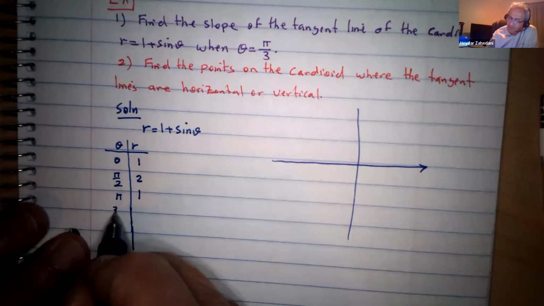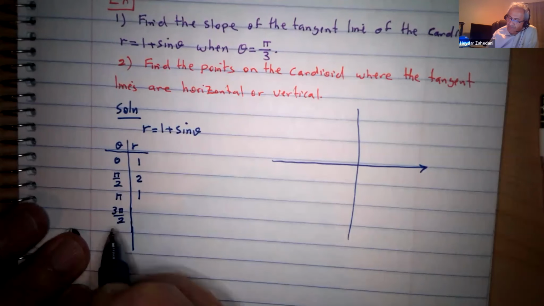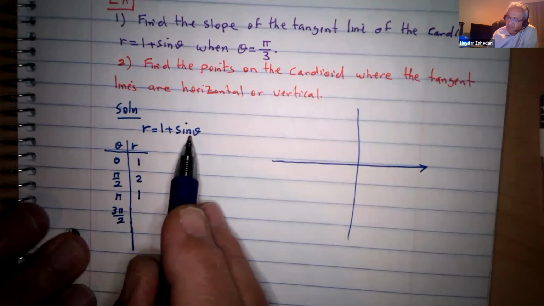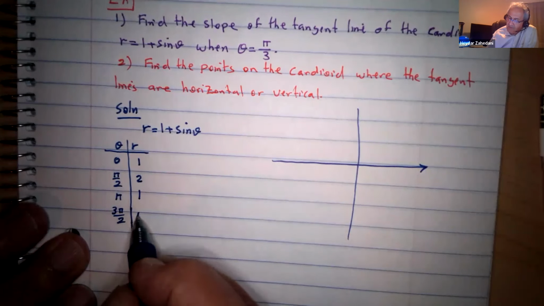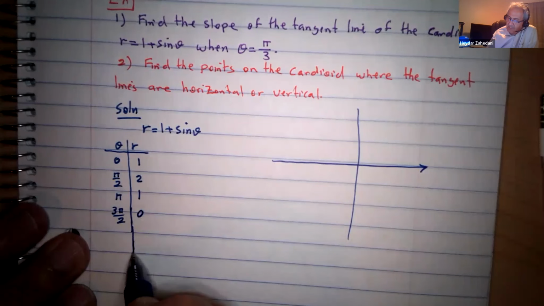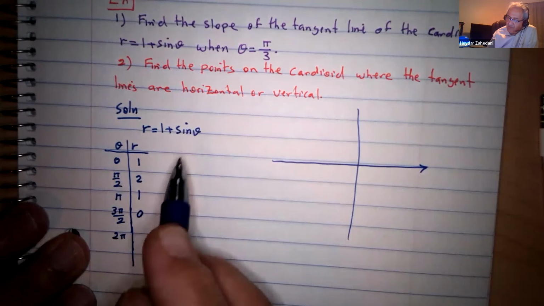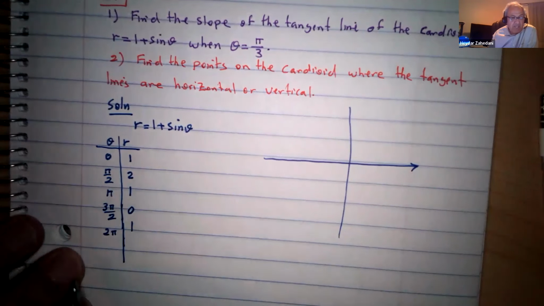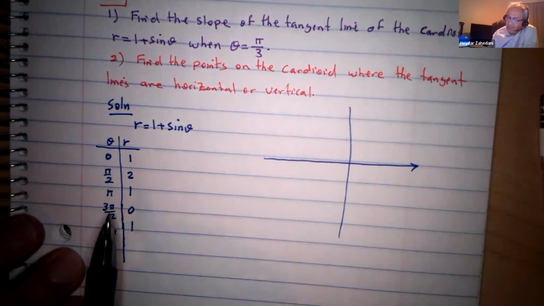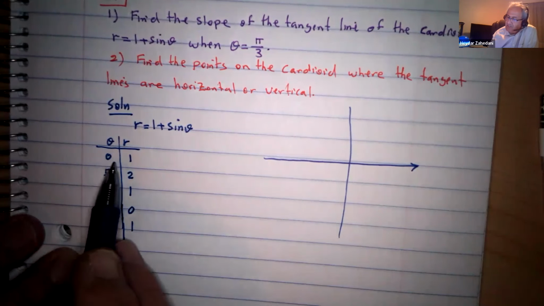If you go with 3pi/2, the sine of 3pi/2 is negative 1, so 1 minus 1 would be 0. And if you go with 2pi, the sine of 2pi is 0, that gives you 1. You can get something in between, but this just gives you the idea of the shape of the graph. So when theta is 0, r is equal to 1.